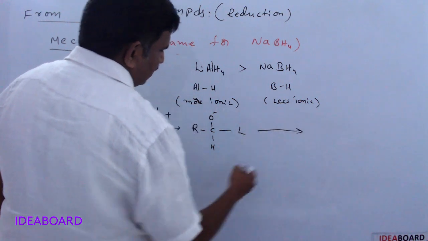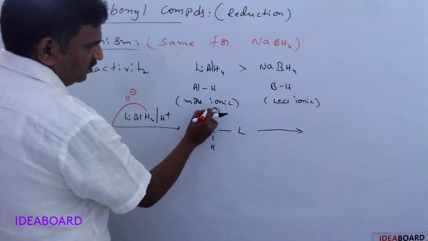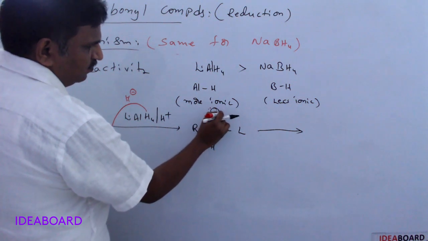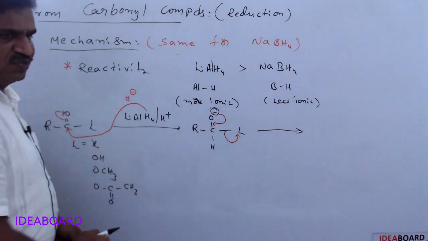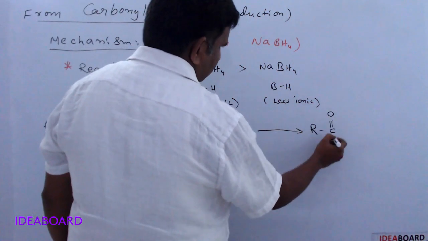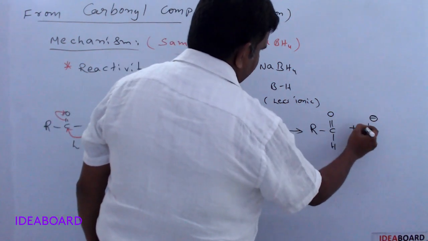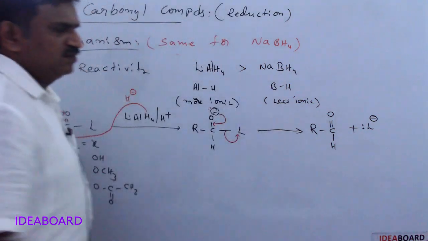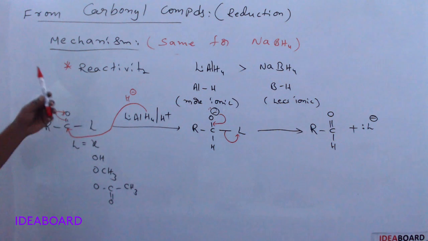In the next step, the lone pair of electrons shifts back, and the leaving group goes out, so what is formed is an aldehyde plus the leaving group with a lone pair of electrons.